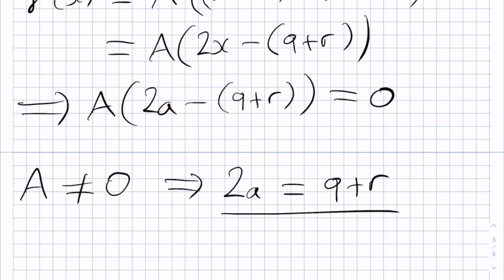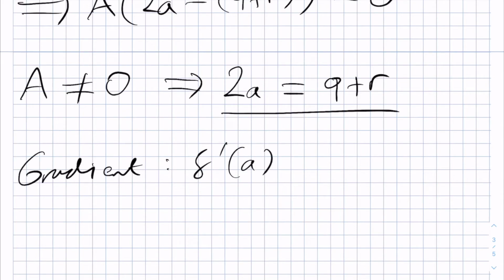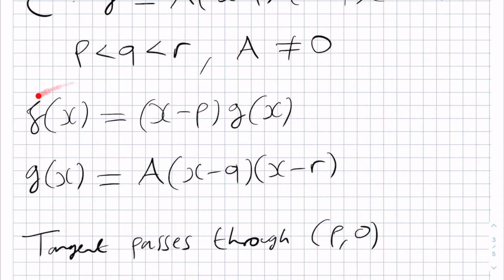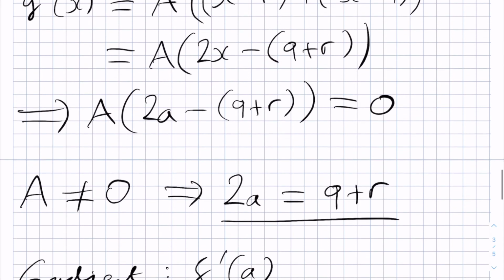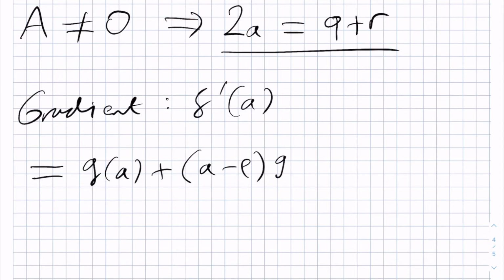Recall from the previous video that the gradient of this tangent is equal to f prime of a, and we used the product rule with the definition of f of x to expand f prime of a as g of a plus (a minus p) times g prime of a.